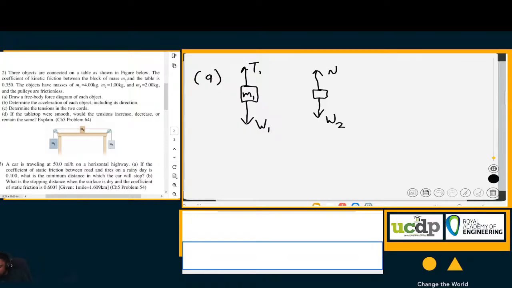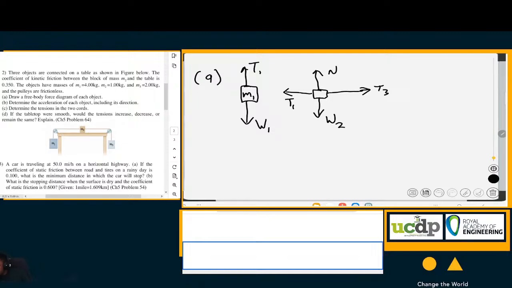The force T1 is pulling it this way. Remember, it's the same force T1 that is connected to block number 1. And then there is a force of tension T3 from block 3. And then there's also some friction.